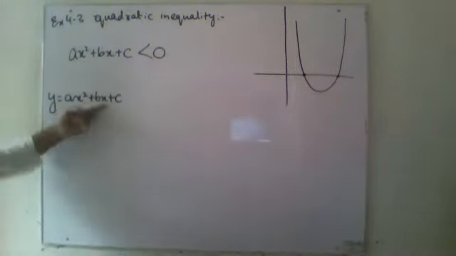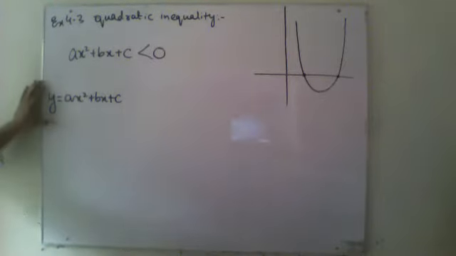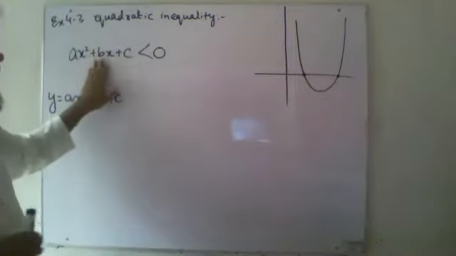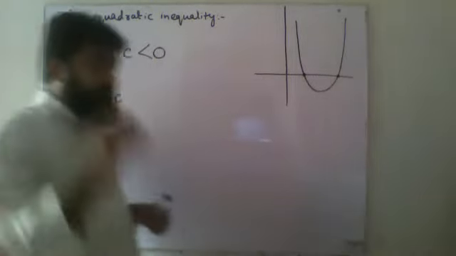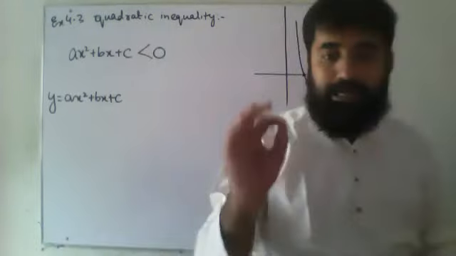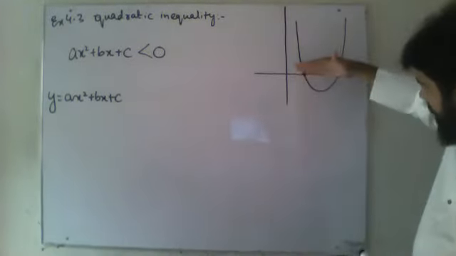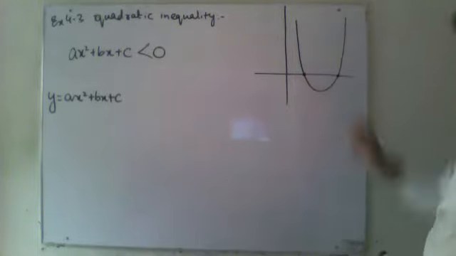Any value of x I plot, I will get some value of y, right? Over here, it's given that ax square plus bx plus c is lesser than 0. Lesser than 0 means the value of y will be lesser than 0, which means it will be below the x-axis.